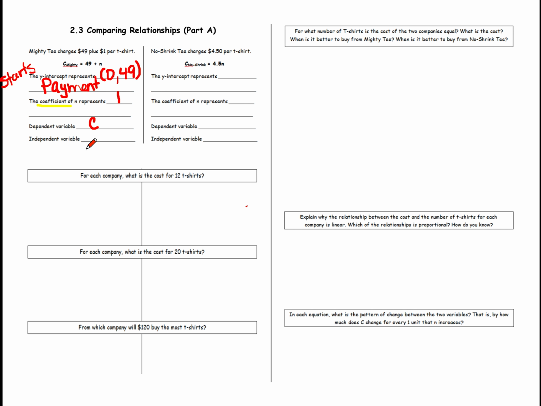The cost will constantly change depending on how many shirts I purchase. Now, the independent variable is a number that they give to us, or it's given. I didn't have to do any math to actually find the answer. So in this case, it's the N. And the reason it's an N is you could say, oh, I need 10 shirts. Well, because you need 10, you didn't have to do any math to get 10. You need 10.